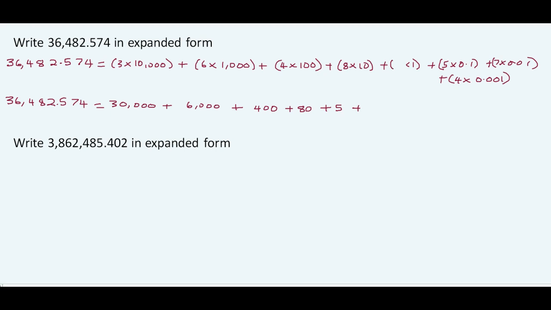Actually, that ought to be 2 times 1 here, and this ought to be 2, and then plus 0.5 plus 0.07 plus 0.004.